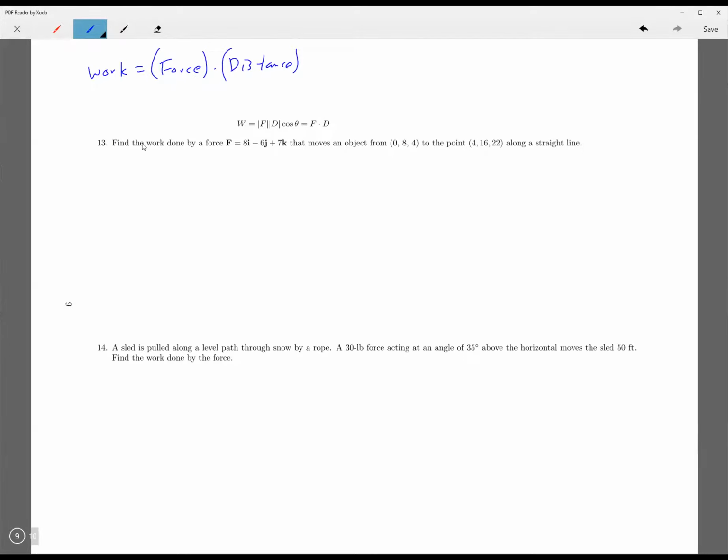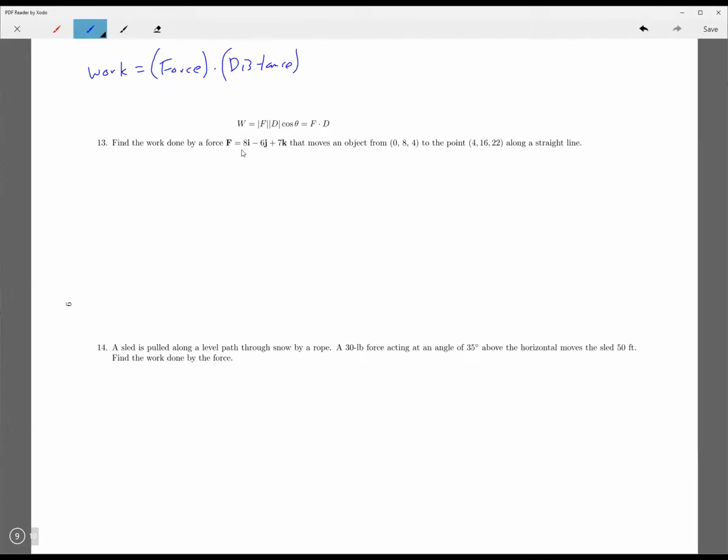But sometimes you have force that's in a different direction, and so not all that force is contributing to the moving force of the work, right? That's why we come with the dot product right here. So the work is the dot product of the force vector with the direction vector, or the distance vector, okay?